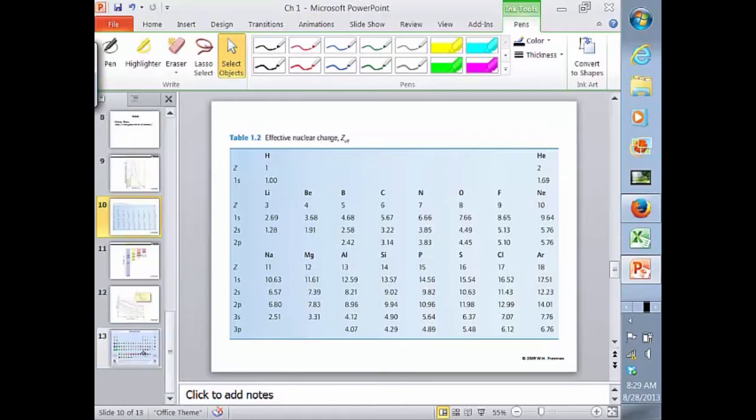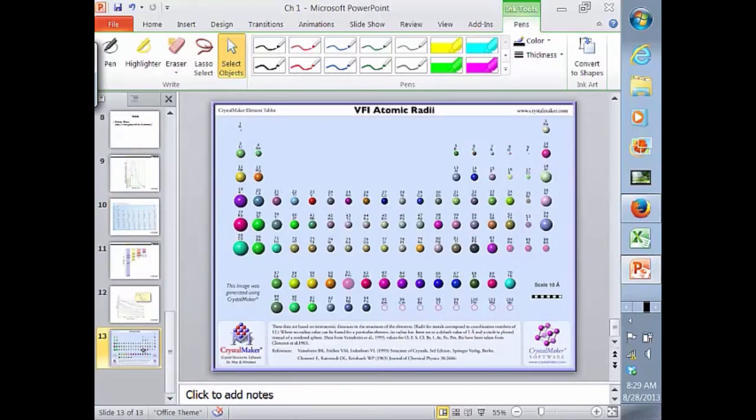This is why we get contraction of atomic size going from left to right across the periodic table. If you look from left to right across the periodic table, you'll notice that the atoms on the left-hand side are much larger than the atoms as you go across.